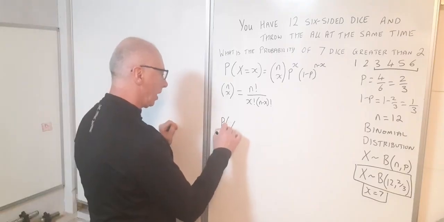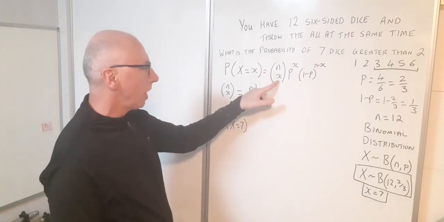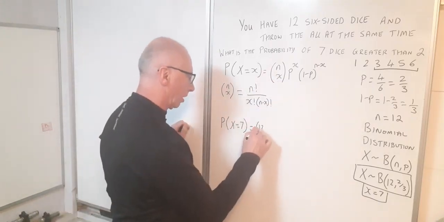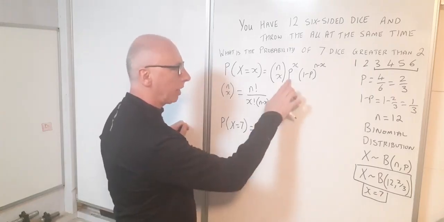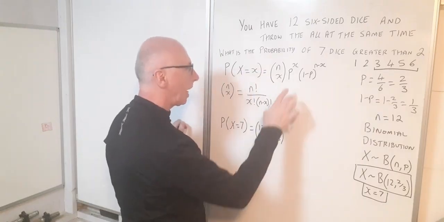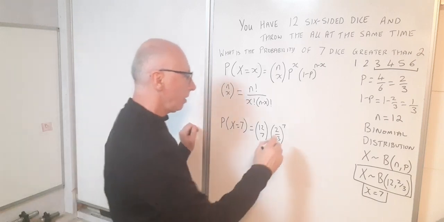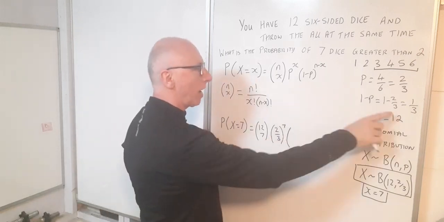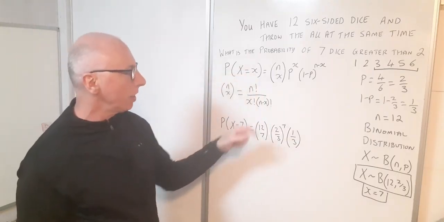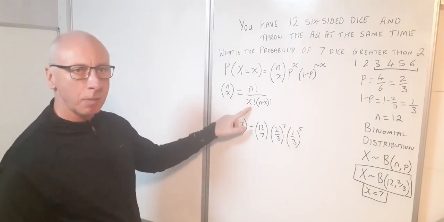So probability X equals 7, that's our case here. n choose x is 12 choose 7. And then we've got p, which is 2/3, to the x, which is 7. So these numbers will always match. And then for the 1 minus p, I'm just going to write that as 1/3, and that's to n minus x, which is 12 minus 7, so to the power of 5.